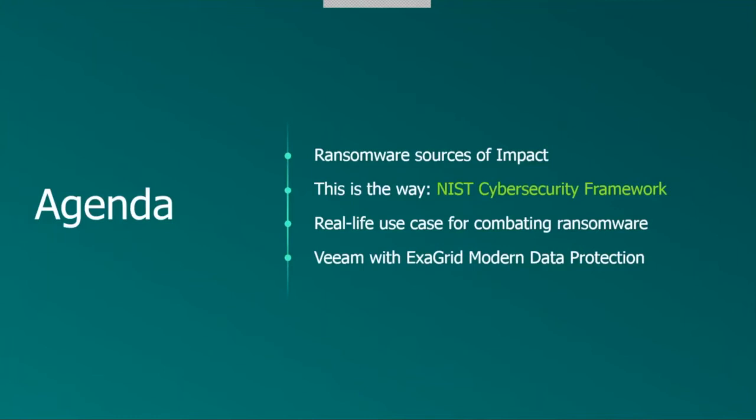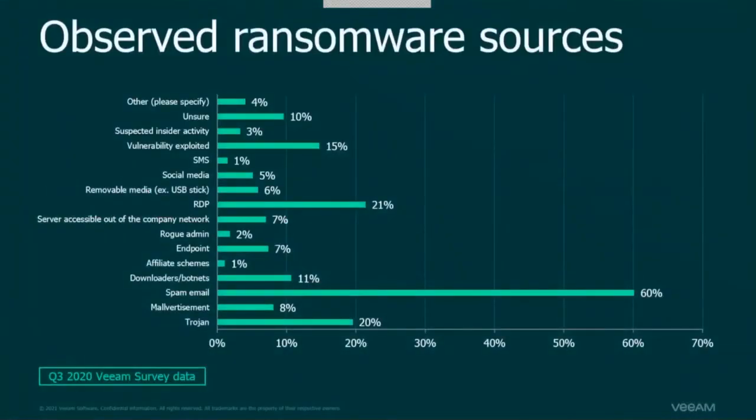All right, with that said, let's get into some details to substantiate what I'm going to talk about over here. If you look at some observed ransomware sources, there are multiples that you can see over there. And if you compare a survey that we have done last year, why do I pick Q3 last year?